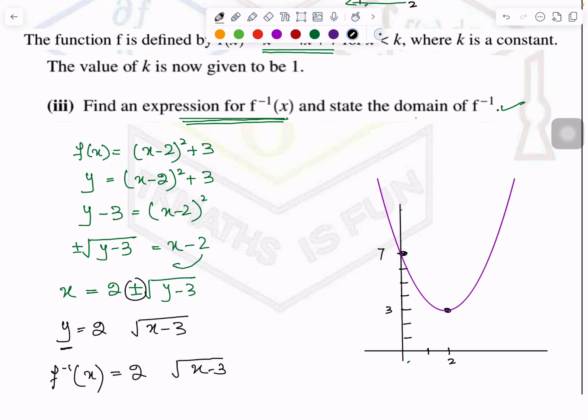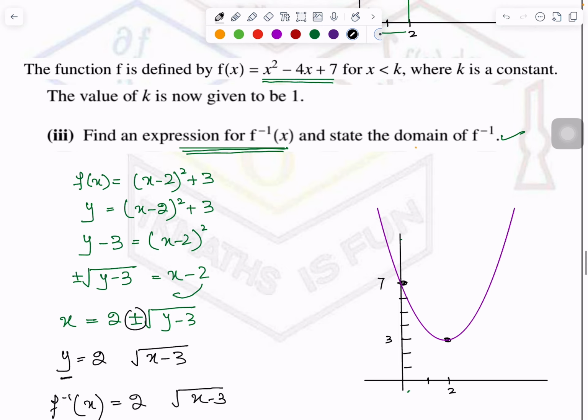The shortcut for everyone to remember, if they cannot understand the logic, is to just look at the sign of the domain given to you for the inverse function. It is less than, so the negative sign will come. But I will explain the logic also. We know that if this is a function, x is the domain and y is the range.